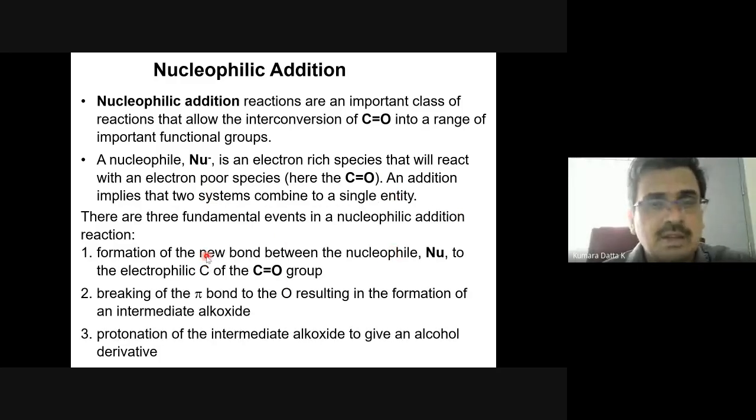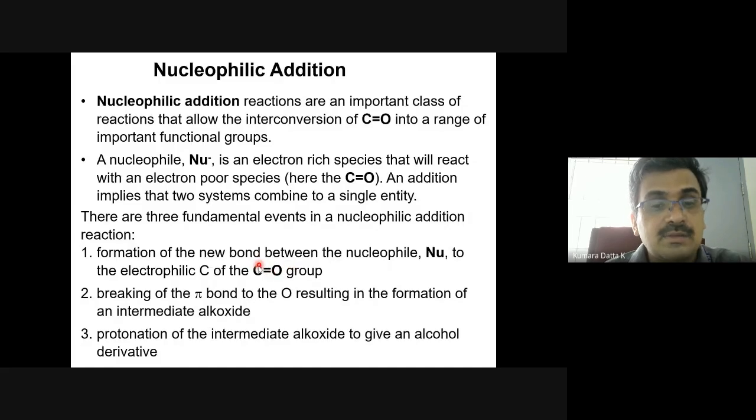Now, what is nucleophilic addition? The important point with respect to nucleophilic addition reactions is that you make a new bond between the nucleophile and the electrophilic carbon of C double bond O. Because in C double bond O, the electron density will be more towards the oxygen side, so carbon gets slightly positive, oxygen slightly negative.